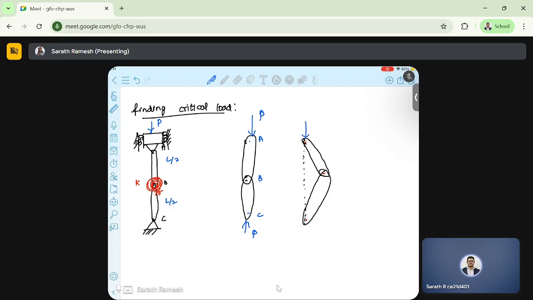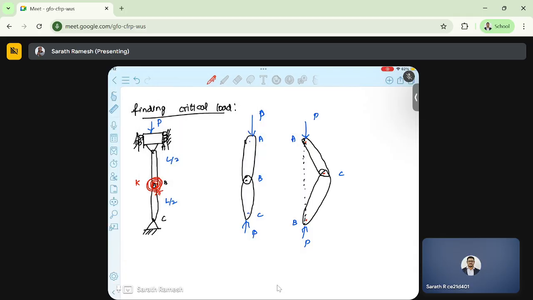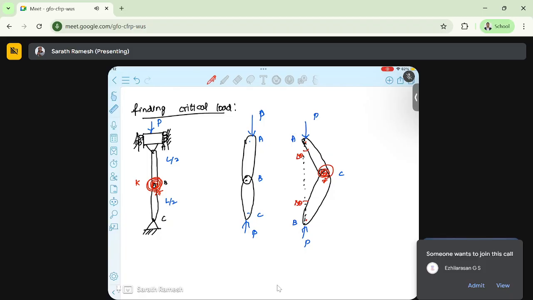So same P, and here also load P, and this is A, this is B, this is C, and here as usual the spring is there. This is that small delta theta, this is small delta theta.